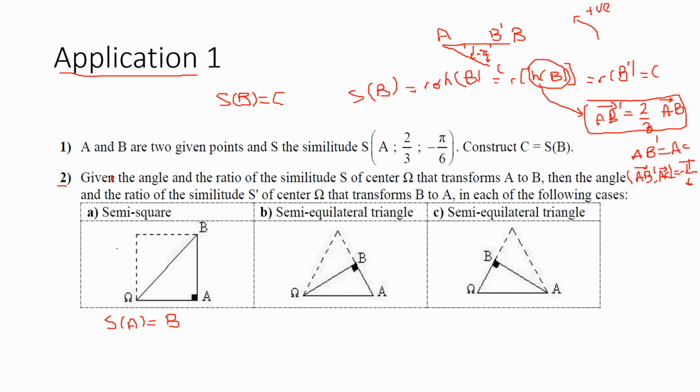SA equals SB means omega B equals K omega A. So how much does K become? K equals omega B over omega A.